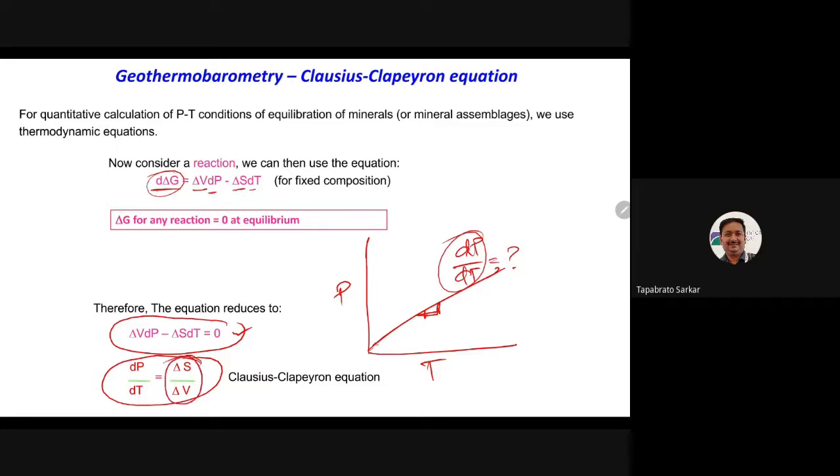So from the relation, dP by dT, which means the slope, is directly related to del S by del V, the change in entropy by the change in volume.